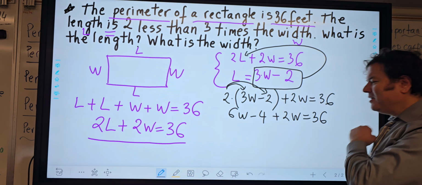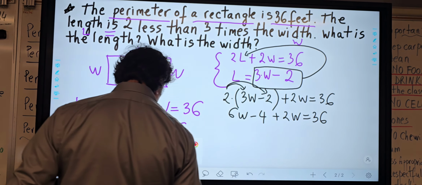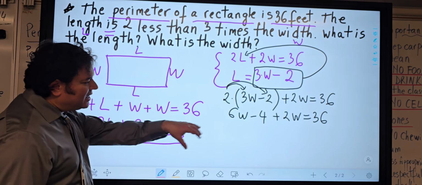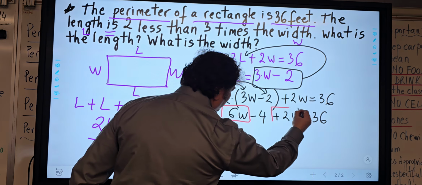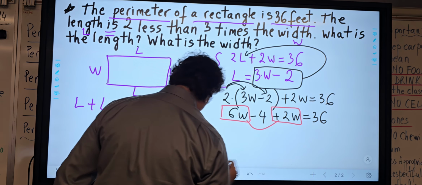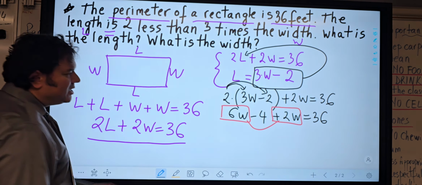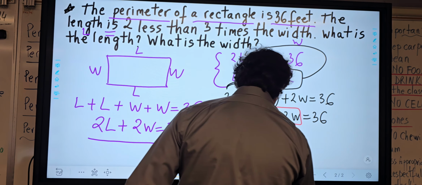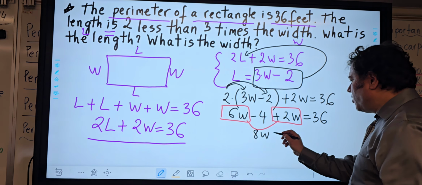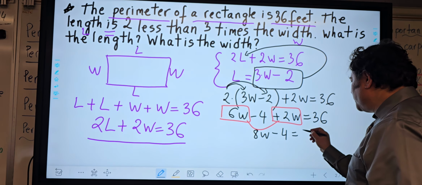And now let's combine the like terms. So we see that 6W and 2W, we can combine them together. 6W plus 2W becomes 8W. 8W minus 4 equals 36.